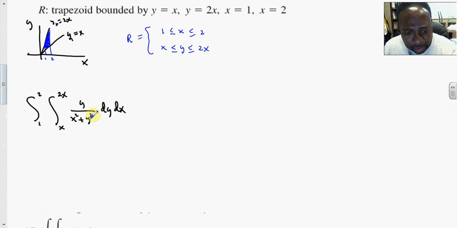Well, it seems that if we let u equal to x squared plus y squared, then the du would pick up this y dy.